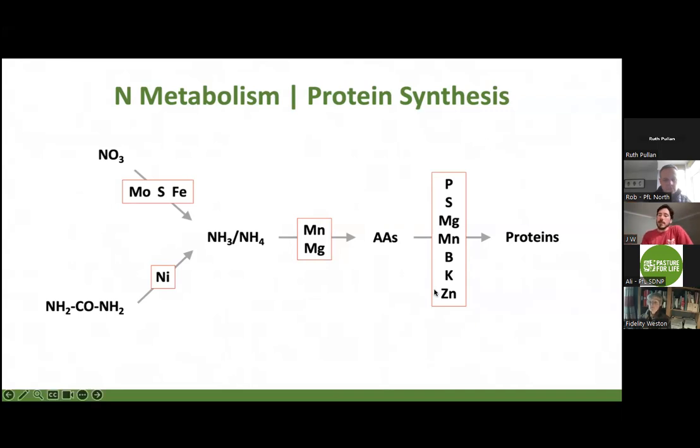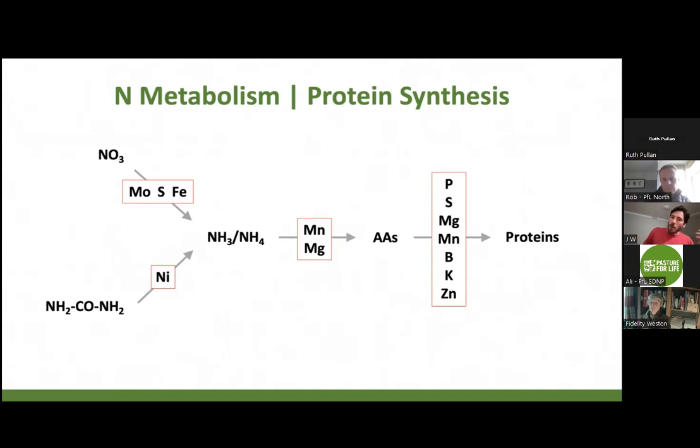And it does utilize lots of other nutrients for this process. Particularly the top three here, phosphorus, sulfur, and magnesium are very, very important for protein synthesis. But also these other ones play a role: manganese, boron, potassium, and zinc as examples. So that is just pointing out that no nutrient is an island, especially nitrogen.